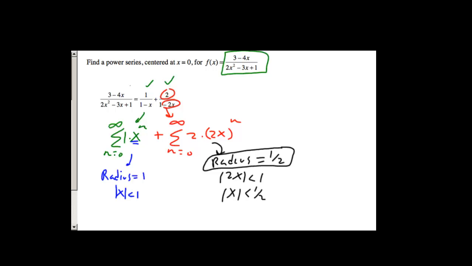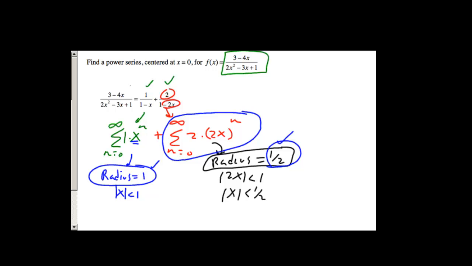And when we add power series together, the radius of the sum must be the least radius of the two combined. So in other words, here we had a radius of 1, here we had a radius of 1/2. We have to choose the smaller radius because this will only converge for a radius of 1/2. Anything bigger than that, and it will diverge. So we have to choose the smallest radius.